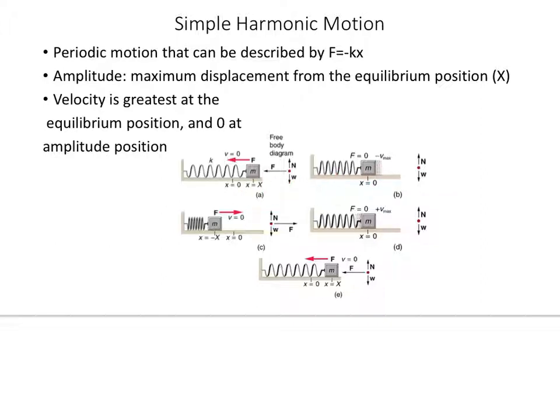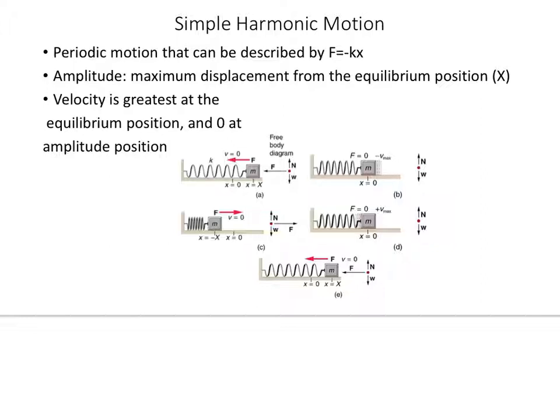Okay, so first of all, the motion here is periodic, and it can be described by this equation F is equal to minus kx, where the force is directly proportional to the displacement from the equilibrium position. Definition here: amplitude is the maximum displacement from the equilibrium position. That's called capital X, being the maximum displacement from the equilibrium position, and the velocity is greatest at the equilibrium position and 0 at the amplitude positions.